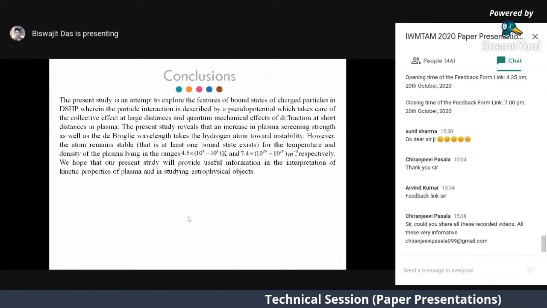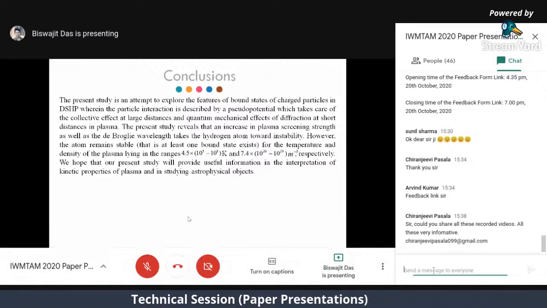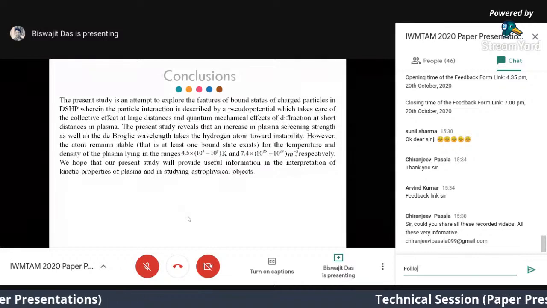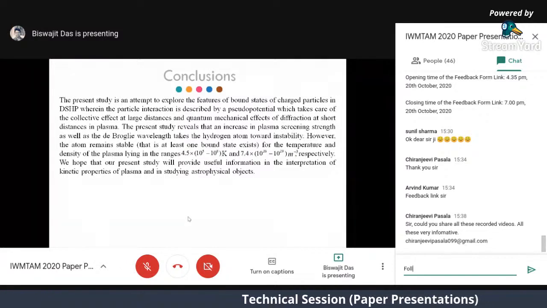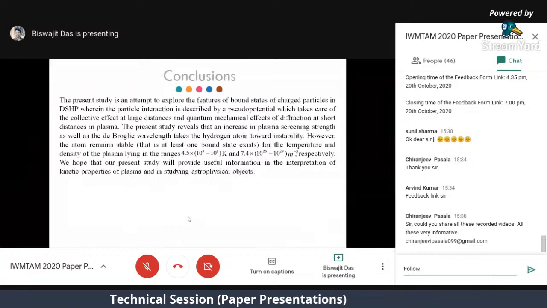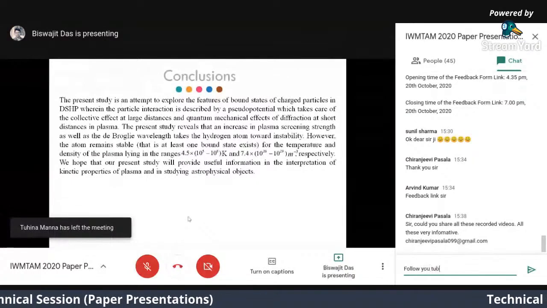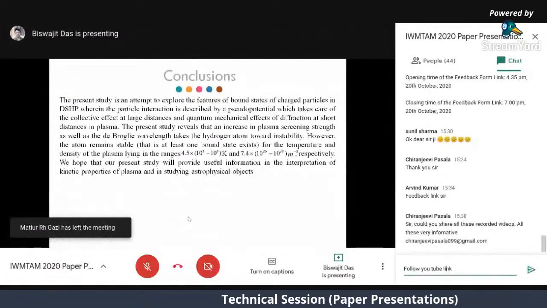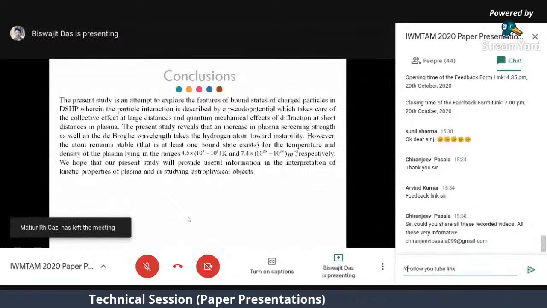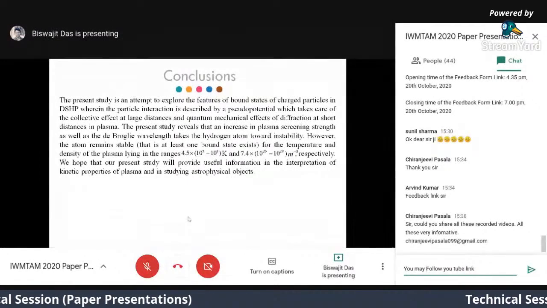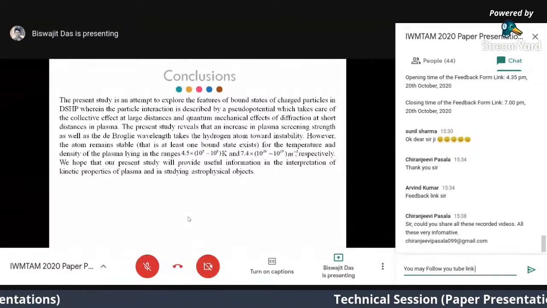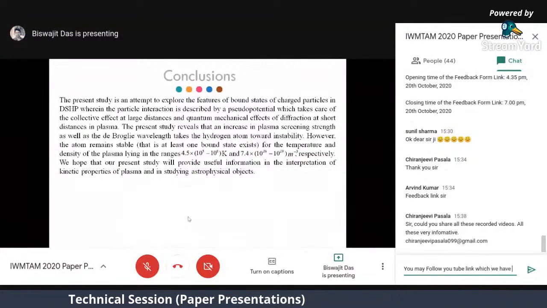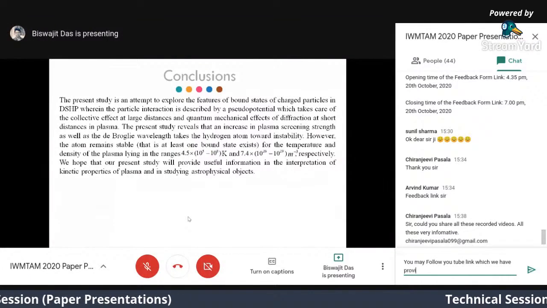The present study reveals that an increase in plasma scaling strength as well as the de Broglie wavelength takes the hydrogen atom towards instability. However, the atom remains stable, that means at least one bound state exists for the temperature and density lying in the range. We hope that our present study will provide useful information in the interpretation of kinetic properties of plasma and in studying astrophysical objects.